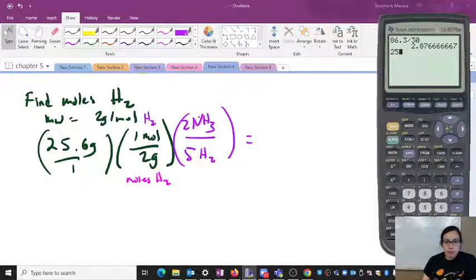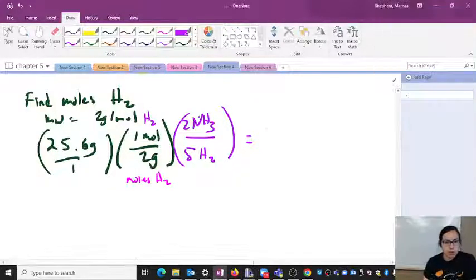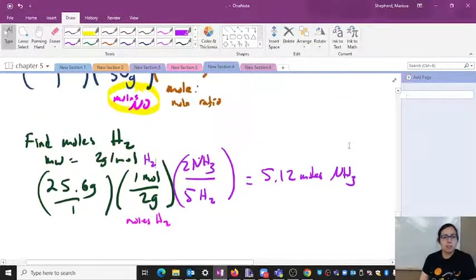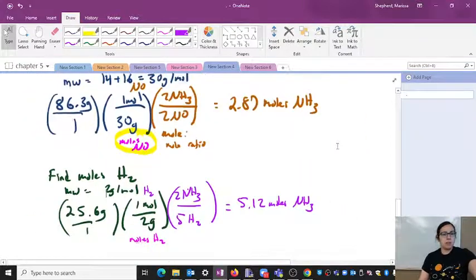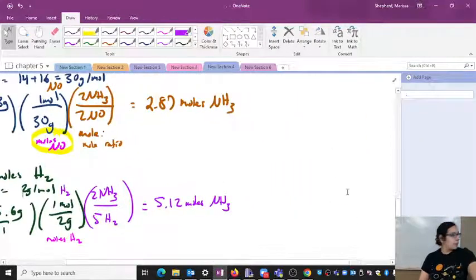So 25.6 grams of hydrogen divided by our molecular weight, and then times 2 divided by 5. And so I get 5.12 moles of ammonia. At this point, we can zoom out and compare the two.